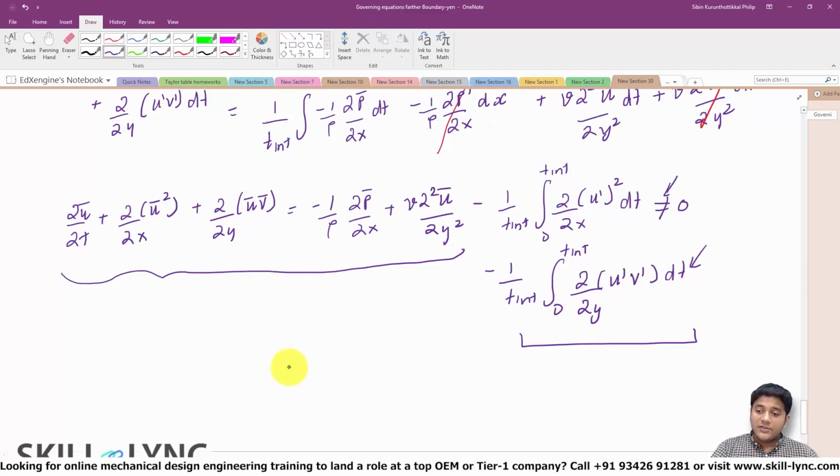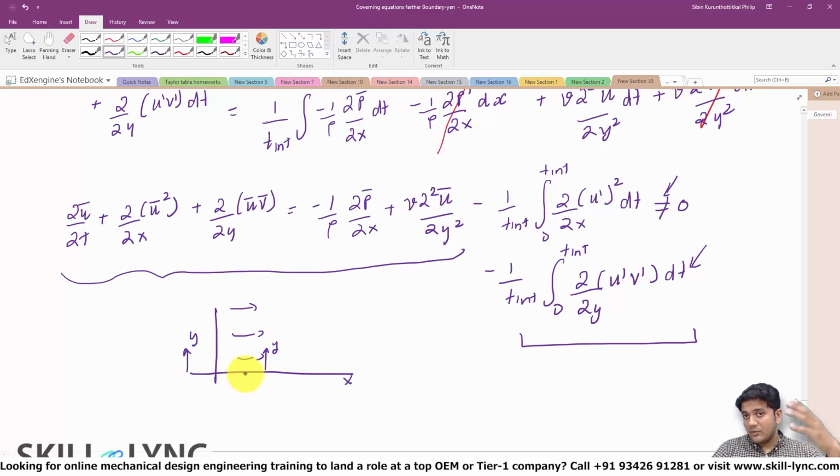For example, say that you have a flow field like this, right? So flow is taking place like this, and you're looking at near the wall. Let us say that I have a positive fluctuation along the y-axis. So this is my y-axis, right? If I have a positive fluctuation along the y-axis, and since it's a boundary layer, near the wall the velocities are lower, and away from the wall you're recovering your free stream velocity, correct?